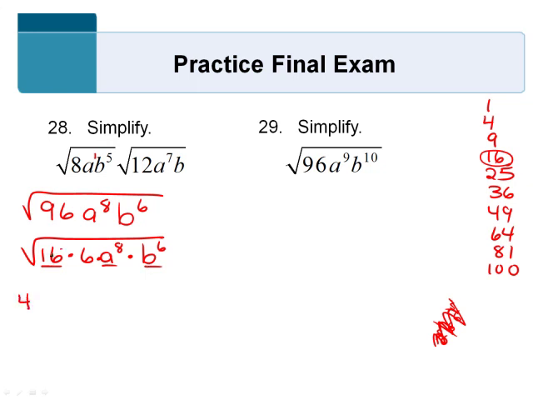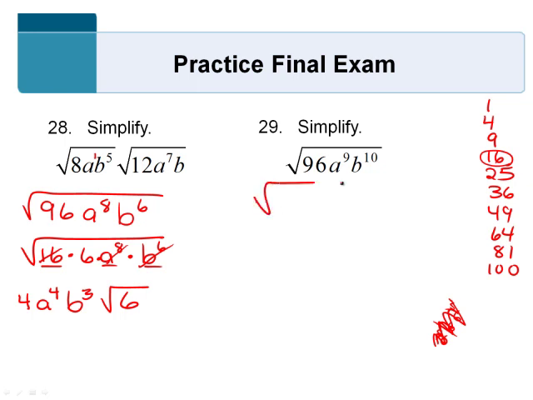That comes outside, out in front of the radical. The square root of a to the 8th is a to the 4th because you divide the exponent by 2. The square root of b to the 6th is b to the 3rd. Out front, that's gone. And the only thing left inside is square root of 6. And that's your answer.